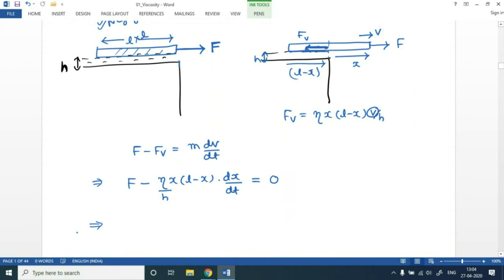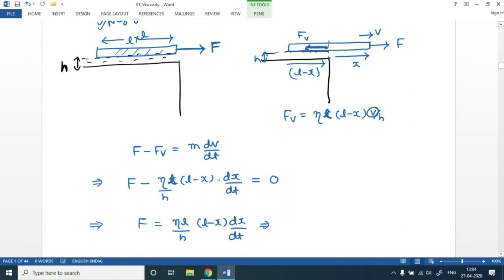Let's rearrange that. Sorry, this would be L over here, L into (L minus x). So what we will be getting is F equal to eta L by h into (L minus x) dx by dt.